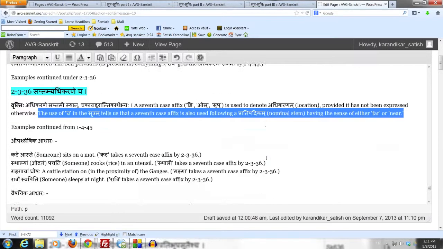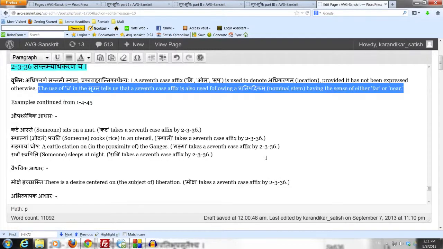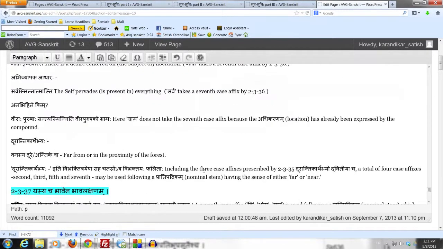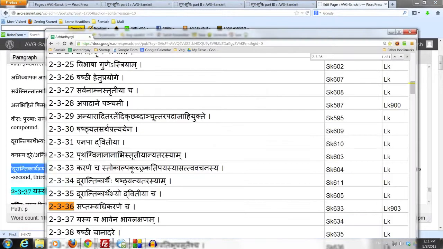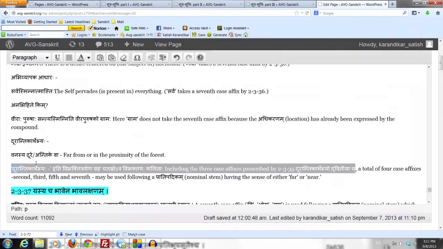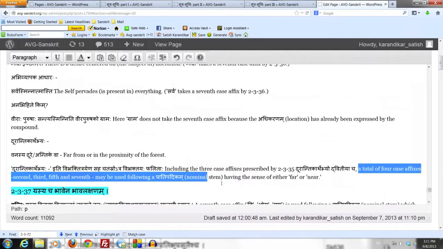This case affix denotes only the meaning of the pratipadikam. The Kashika Vritti says that durantikarthebhya iti vibhaktitrayena saha chatasrah vibhaktayah phalitaha, meaning that including the three case affixes prescribed by the prior Sutram 2335, durantikarthebhyo dvitiya cha, a total of 4 case affixes, second, third, fifth, and seventh, may be used following a pratipadikam, nominal stem, having the sense of either far or near.